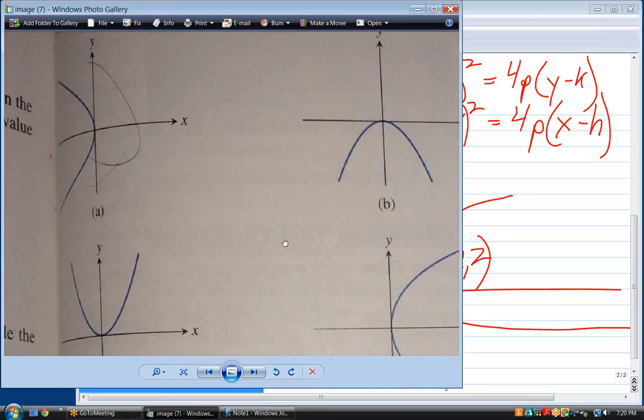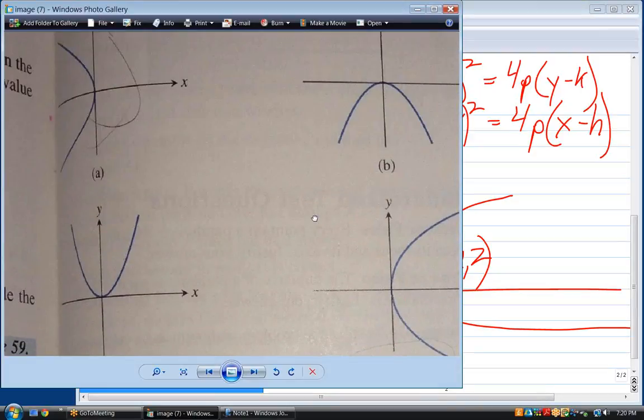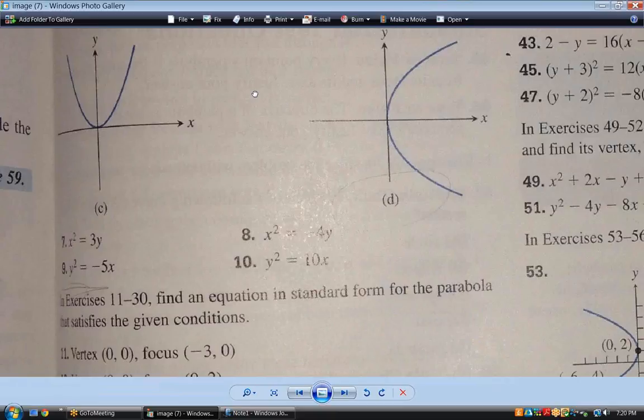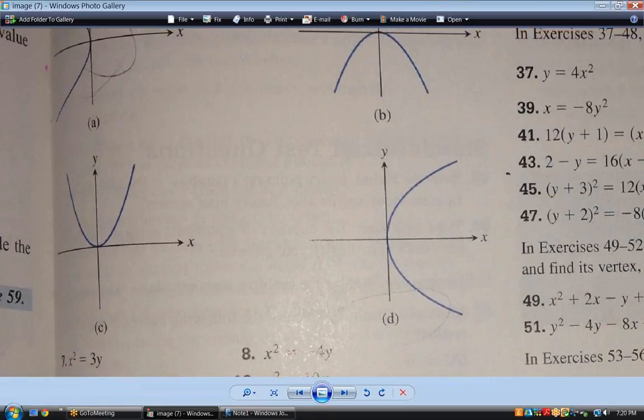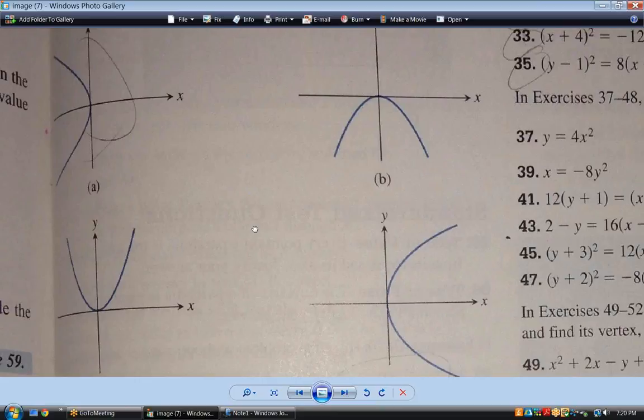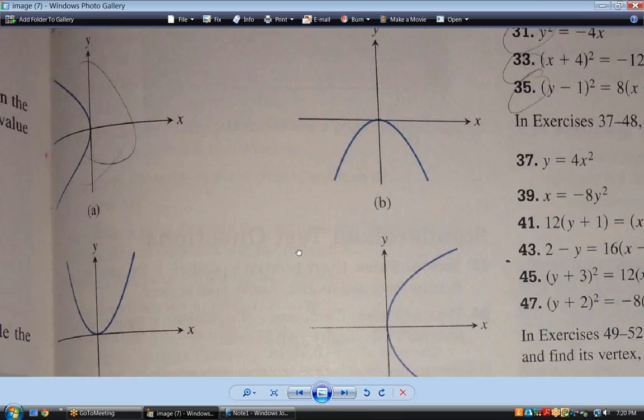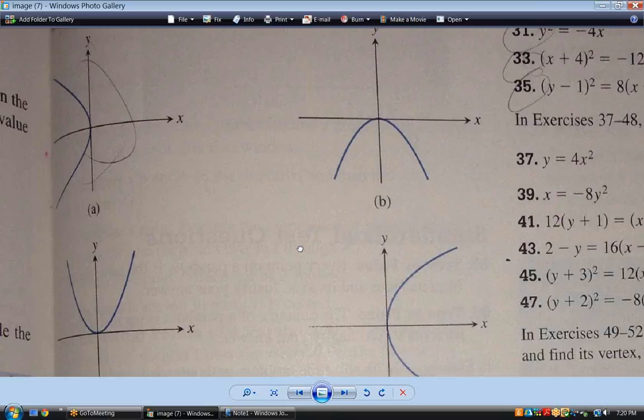Okay. Let's see. So we're matching the equations with the graphs. Okay, so x squared equals 3y. Which one is that? That opens up. There's only one there that opens up.